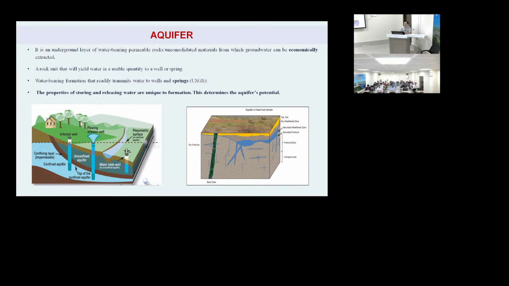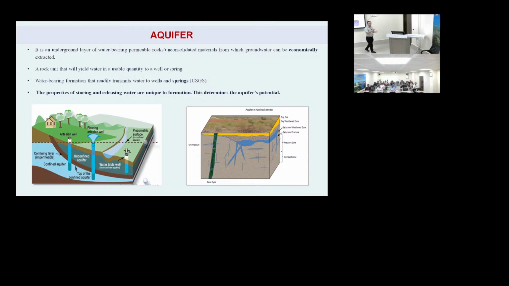To understand hydrogeologic study, we have to know what an aquifer is. An aquifer is a water-bearing formation that readily transmits water to wells and springs. In other words, it is an underground layer of water-bearing formation, made of permeable rock or unconsolidated materials, from which groundwater can be economically extracted.